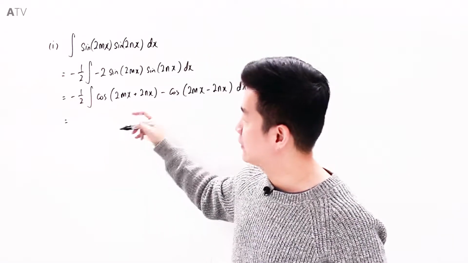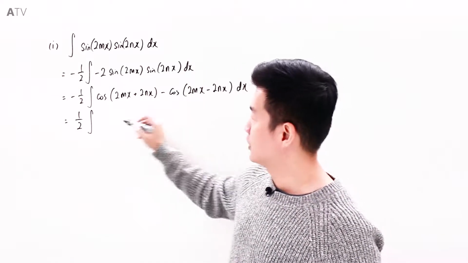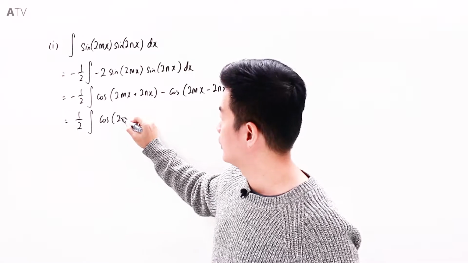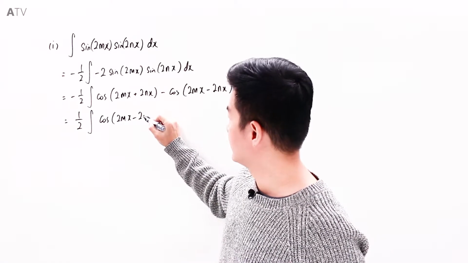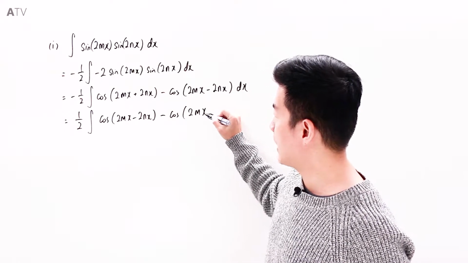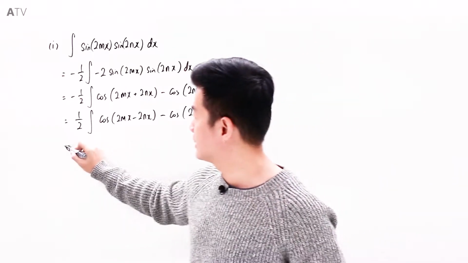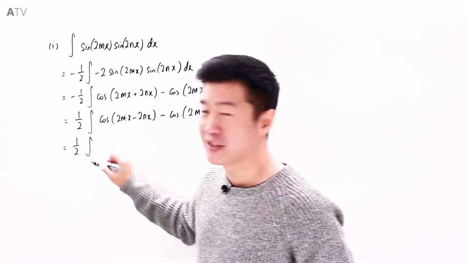Let me bring the negative in. So this will be half, then what I'll have is going to be cos(2mx - 2nx) minus cos(2mx + 2nx) dx.